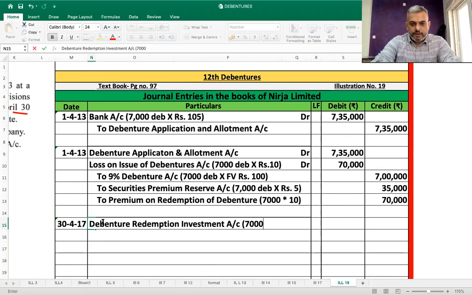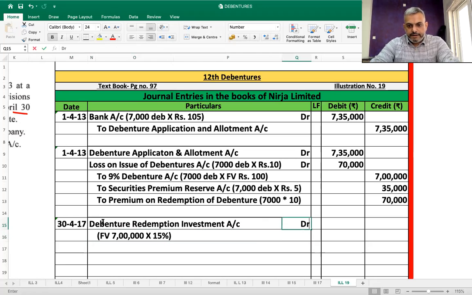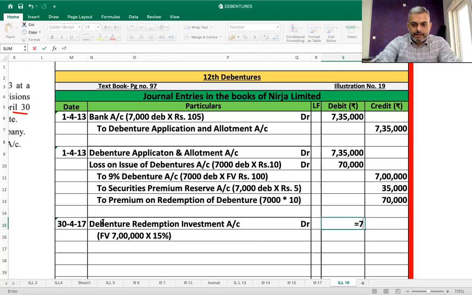How much we have to invest? The face value is 7 lakh, 7,000 debentures, into at least 15%. So debit 7 lakh face value into 15%.